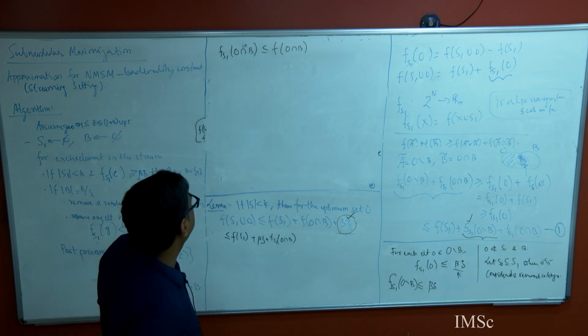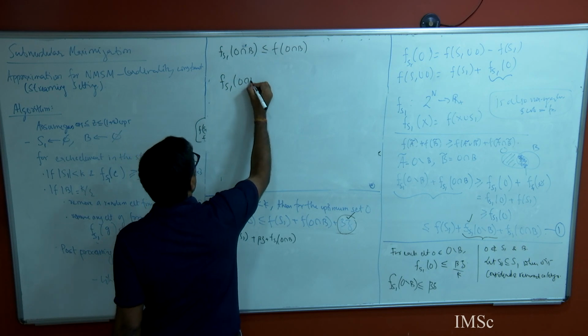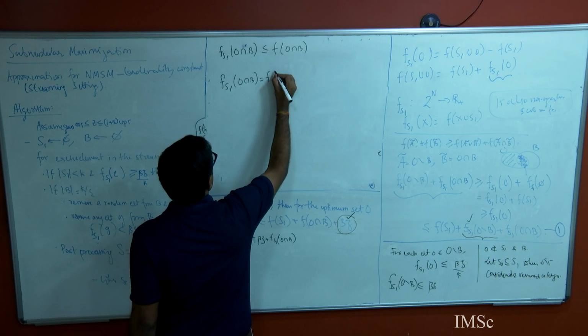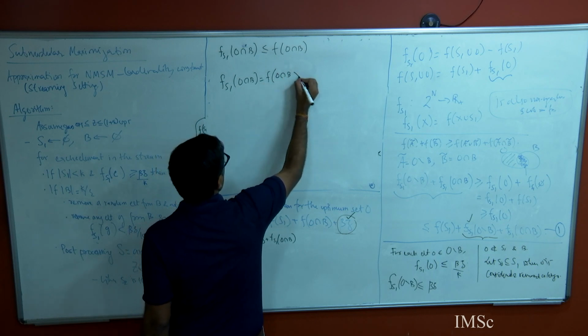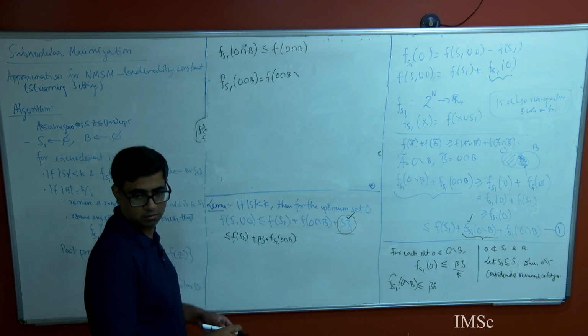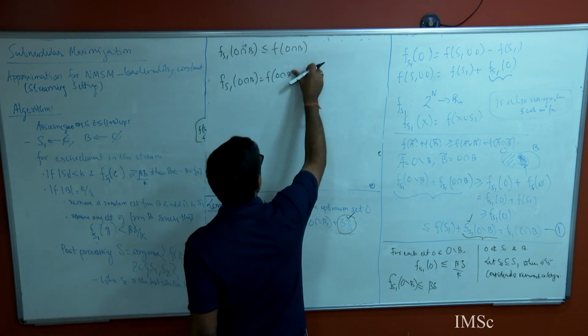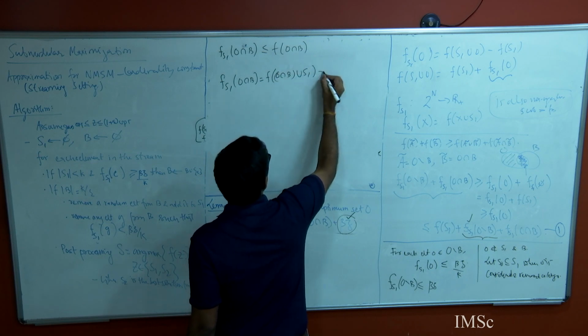If S1 of O intersection B equals F of O intersection B minus what? Union S1 minus F of S1, right? Why? Okay. Minus f of?